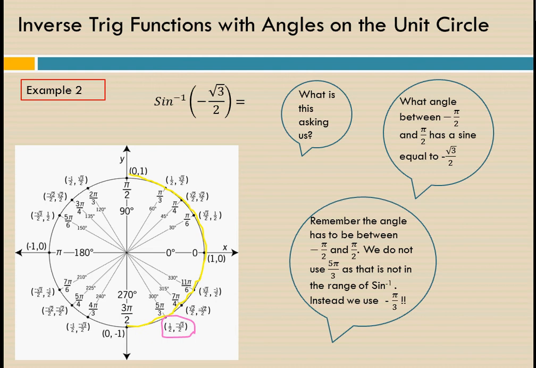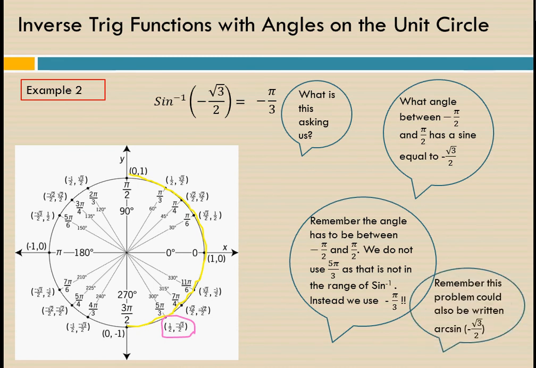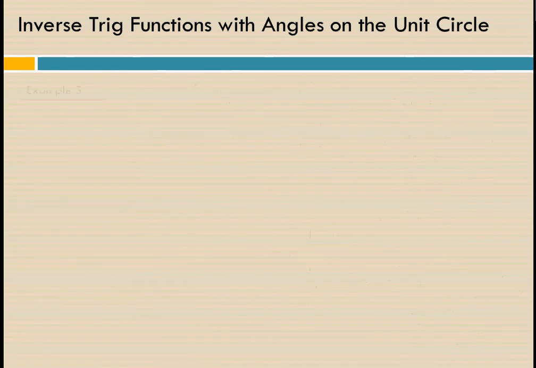So what we have to do, instead of marking it 5 pi over 3, we have to call it negative pi over 3. Pi over 3 is in the first quadrant. Negative pi over 3 is in the fourth quadrant. Remember, this could have also been written arc sine. So you have to remember, when it's in the fourth quadrant, you're using the negative angles.